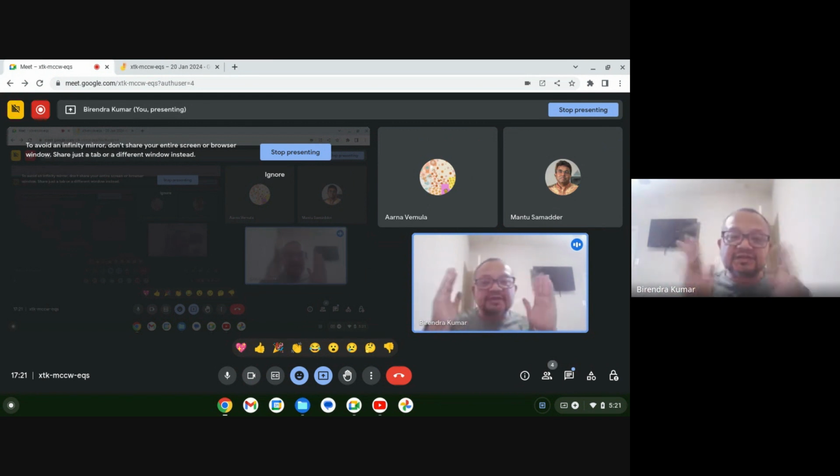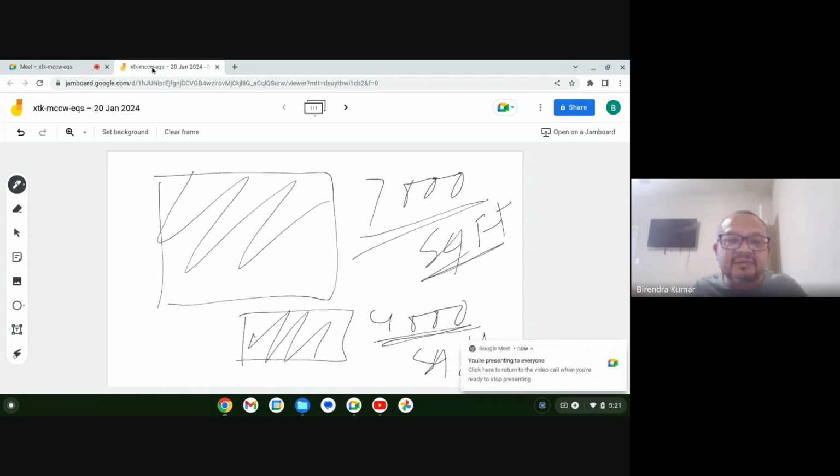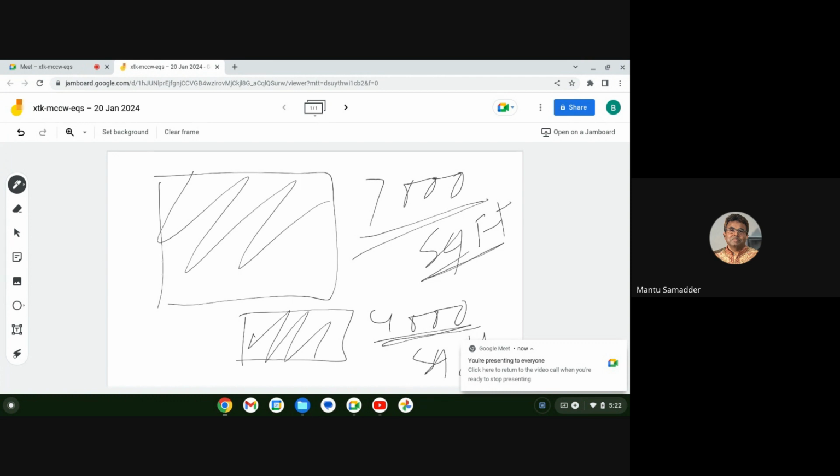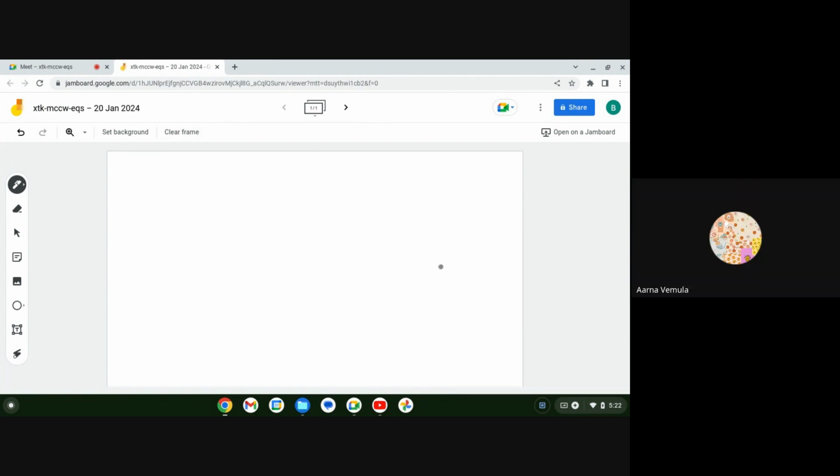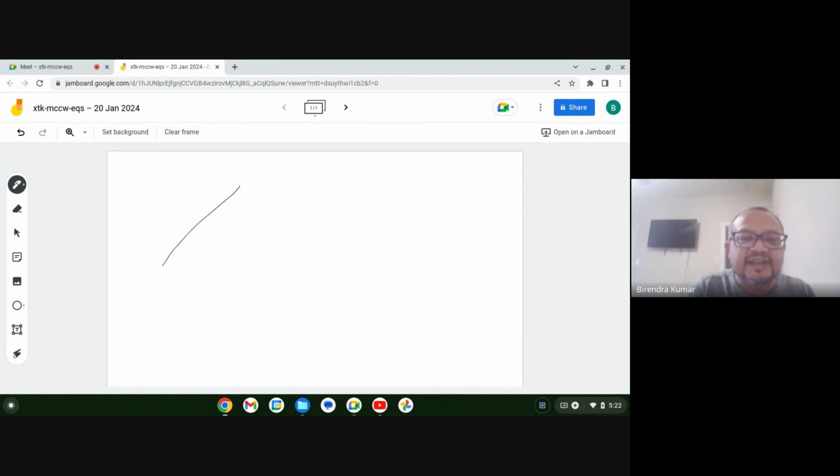Area means the space taken by any shape on a surface, like we were talking about the land. Land is the space taken by my farm on the surface of earth. If somebody says area of this triangle, meaning how much space this triangle needs for being drawn on this piece of paper.